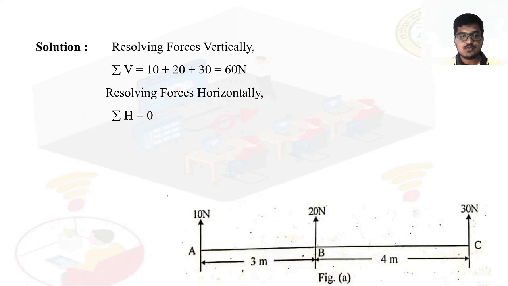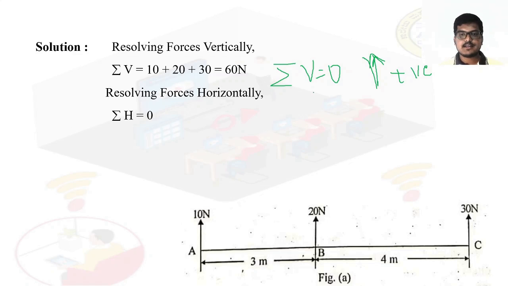Now we will resolve the forces vertically. Summation of V is equal to 0, taking upward as positive. All the forces facing upwards we will add and equate to 0.